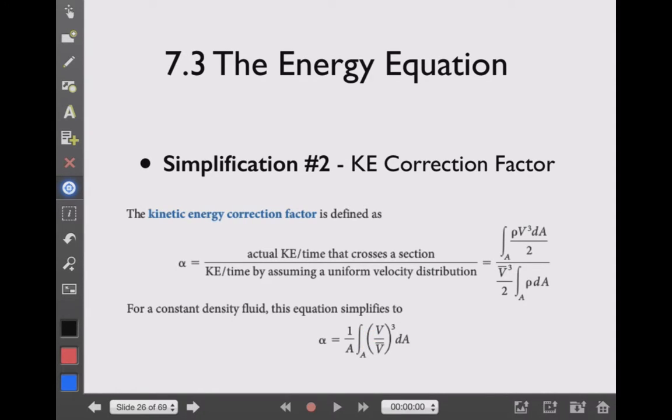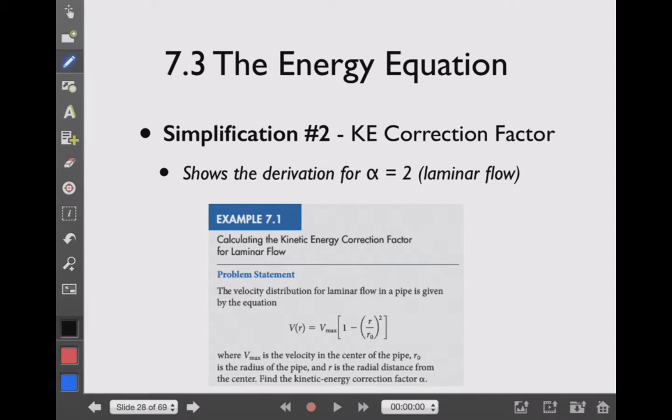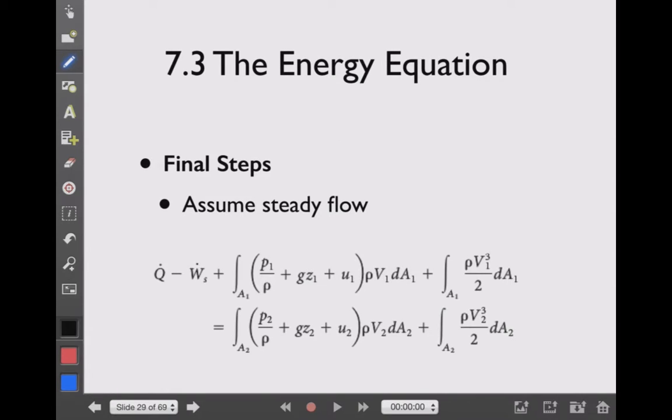We can use this equation here to calculate what alpha is. Example 7.1 actually calculates the kinetic energy factor for laminar flow. So that's an example you can look at in the book.